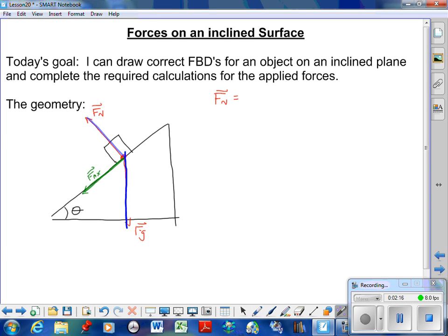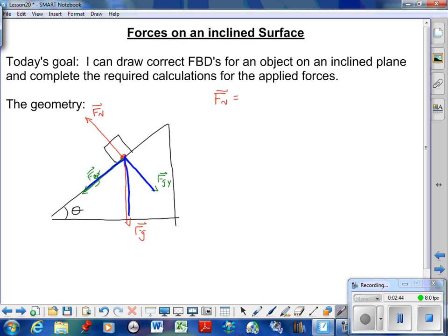Force due to gravity, though, we can break it into a vector that matches up with the normal right here. And I'm going to label this FGY. And actually, this should have been FGX. Okay? So there we go. The gravity vector actually gets broken into two components.